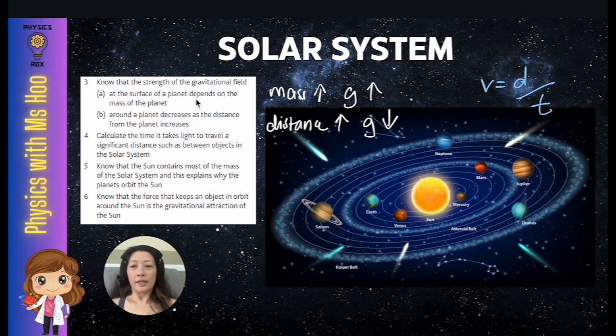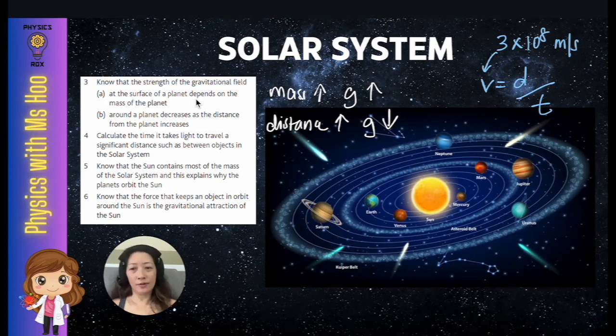So the time, of course, is t, d is the distance, v is the speed of light, which you should know is a constant value of 3 times 10 to the power of 8 meters per second. So to calculate the time it takes, it's just a matter of using the speed formula, distance over time.